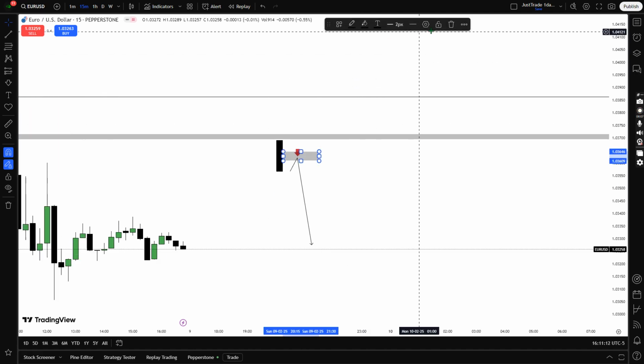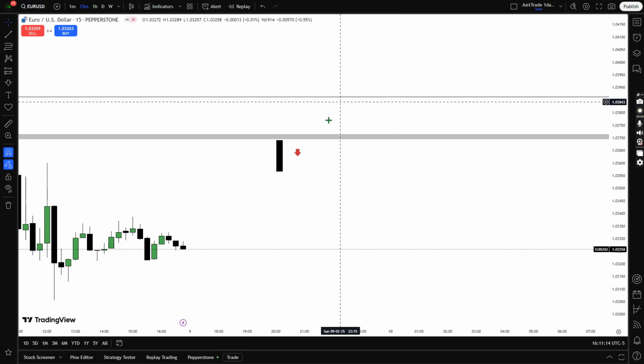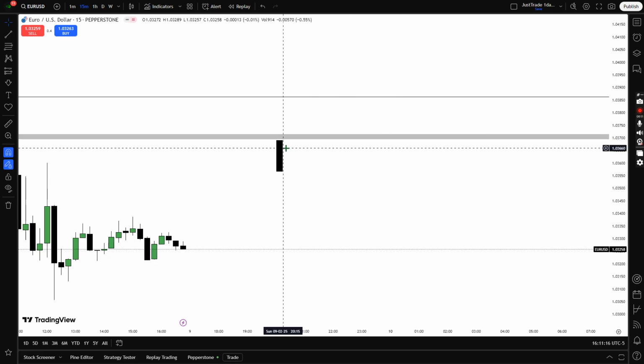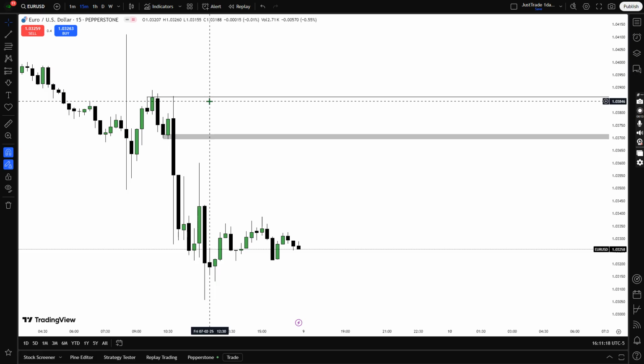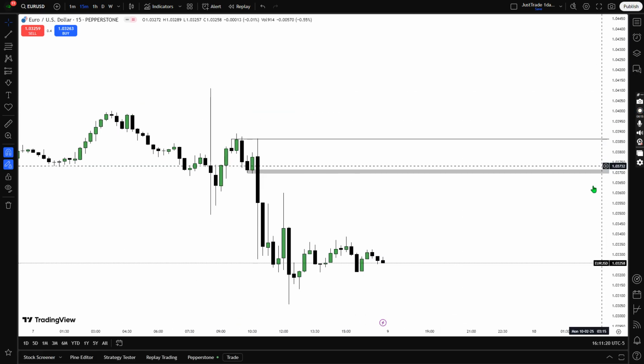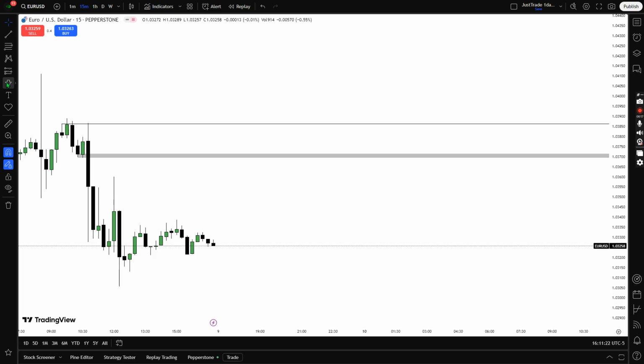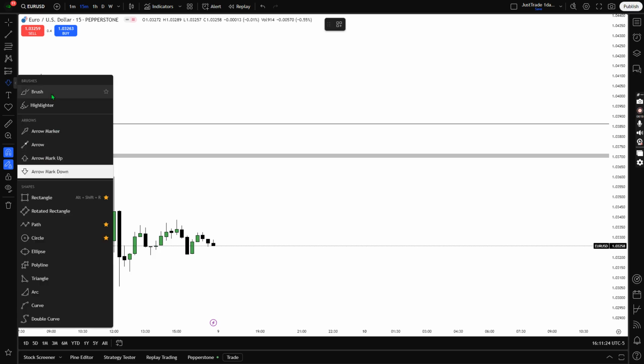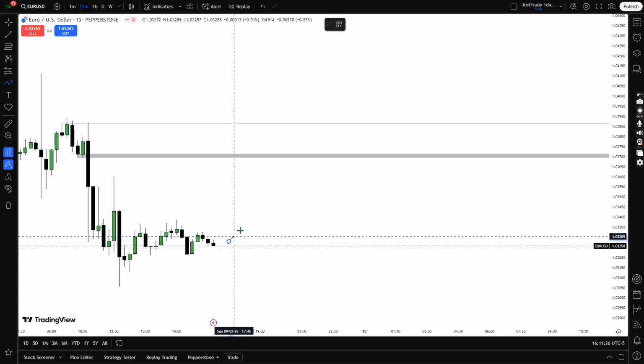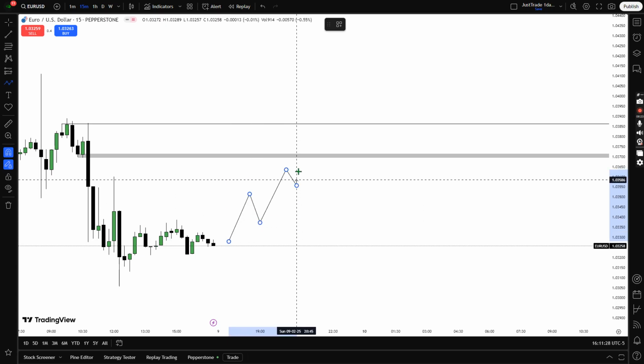This could be one, but I don't think it's gonna go like this. I think the market is coming all the way back to these equal highs, so I expect the market to just reach up here to these equal highs.